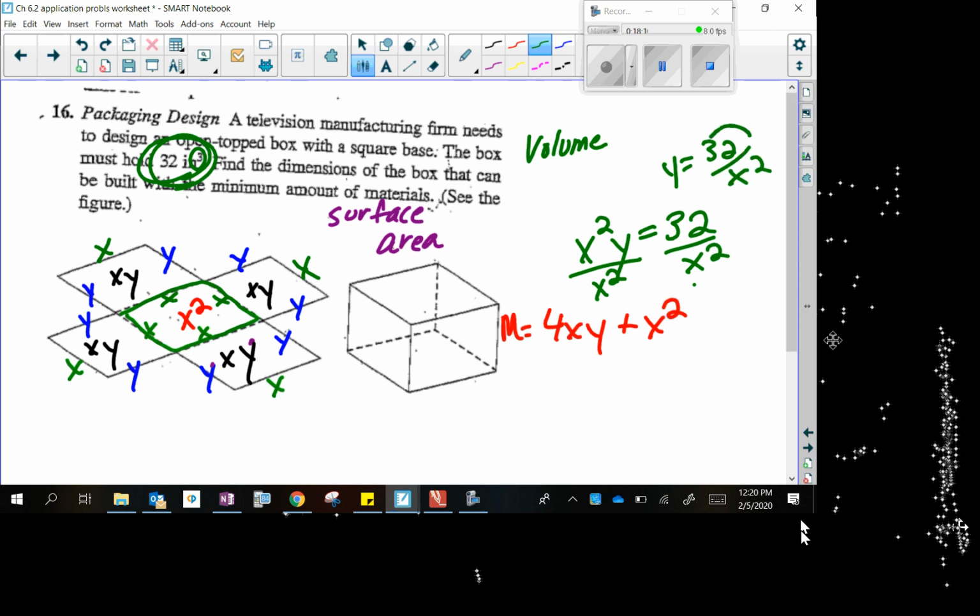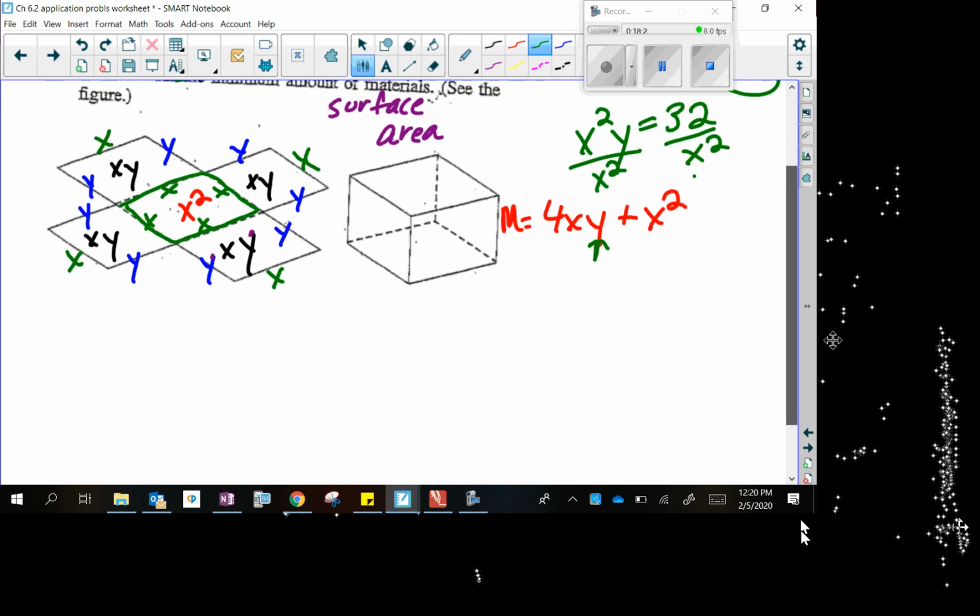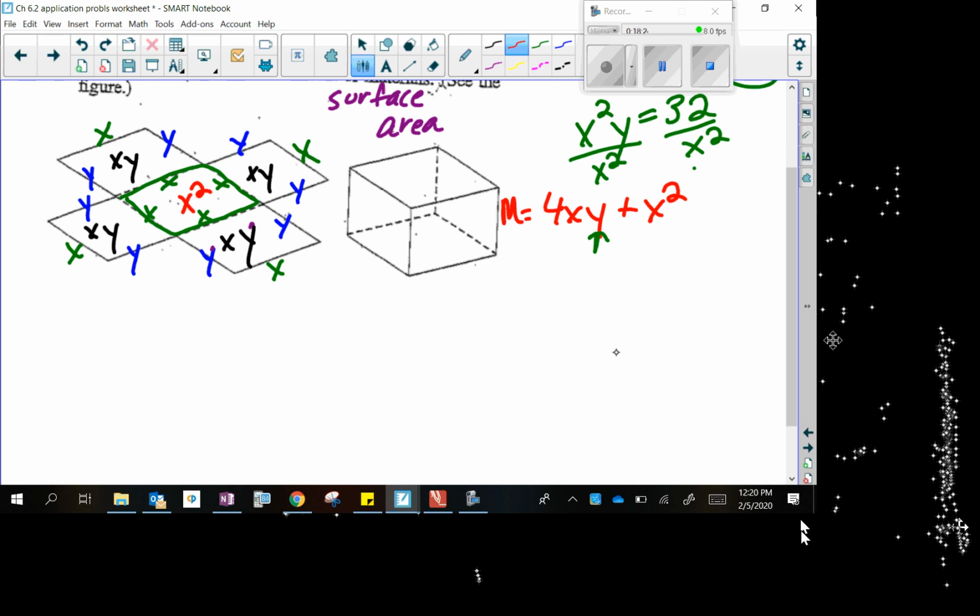So we're going to take that and sub it in for y. So now we're trying to minimize 4 times x times 32 over x squared plus x squared.